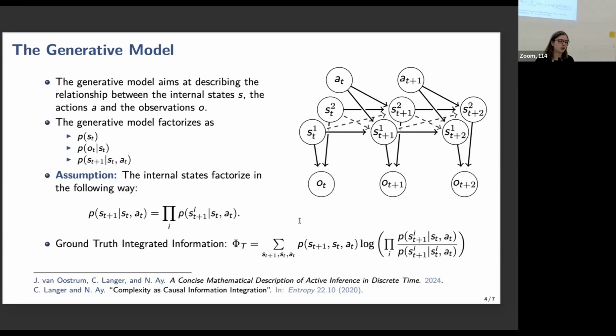We call that the ground truth integrated information because in this case, we know all the influences that go into S_t+1, for example. So we don't have to deal with exterior influences, as Nihat talked about this morning. So this is the way we calculate the integrated information. And now I can introduce the actual experiments.